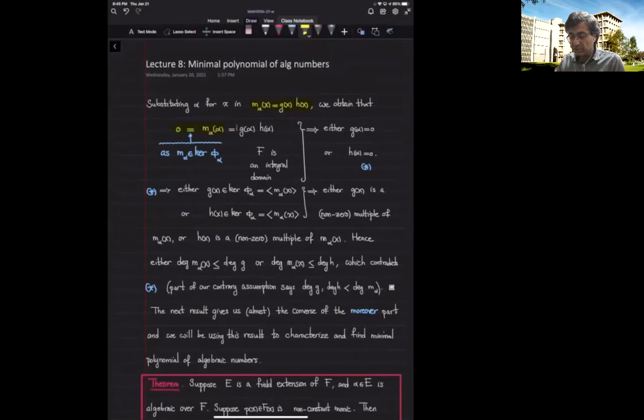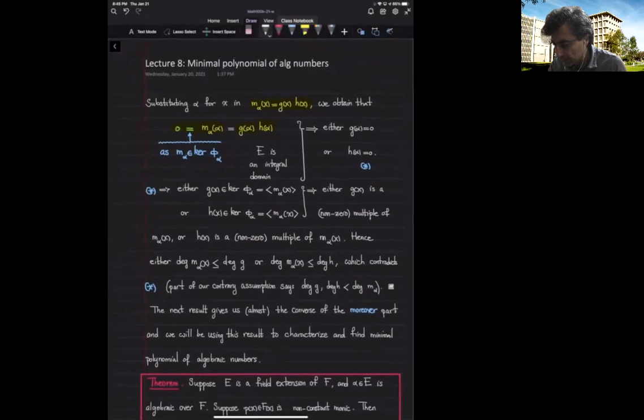That means g of alpha times h of alpha should be 0, but g of alpha and h of alpha belong to E, and E is an integral domain. It is a field, therefore it's an integral domain. And therefore, either g of alpha should be 0 or h of alpha should be 0. This means either alpha is a 0 of g, or alpha is a 0 of h.